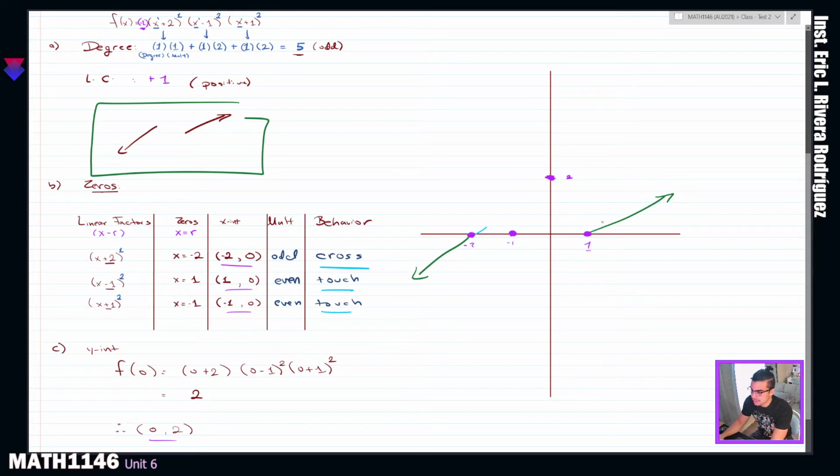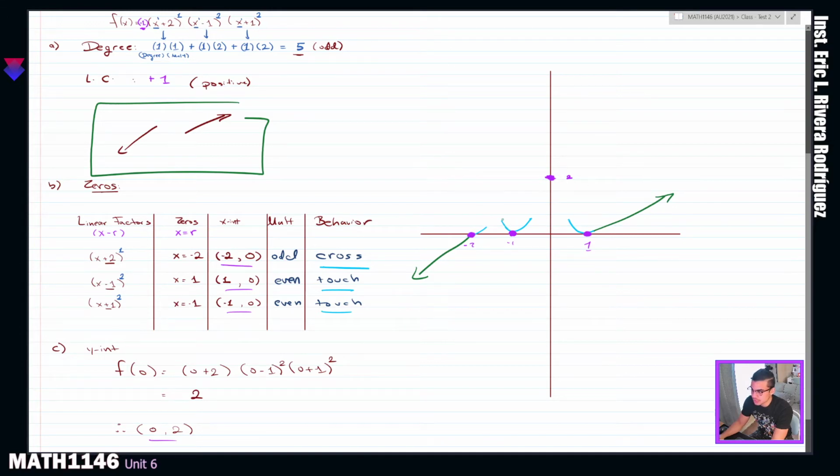So if the graph is above the x-axis, it will stay above the x-axis. So we will have something like this here. At negative 1 it touches again, because on the left side I have the graph above the x-axis. I know that it will do something like this here.